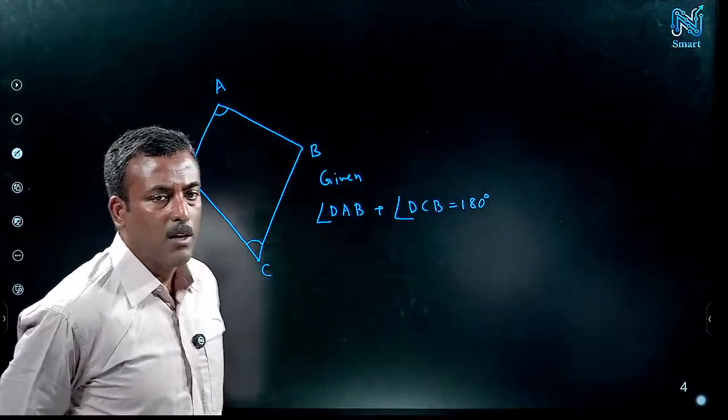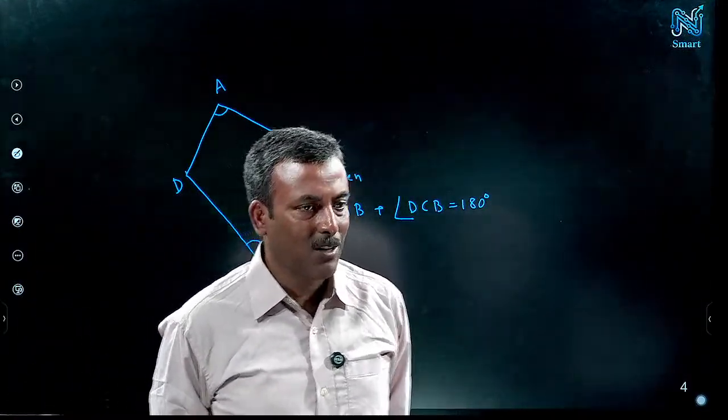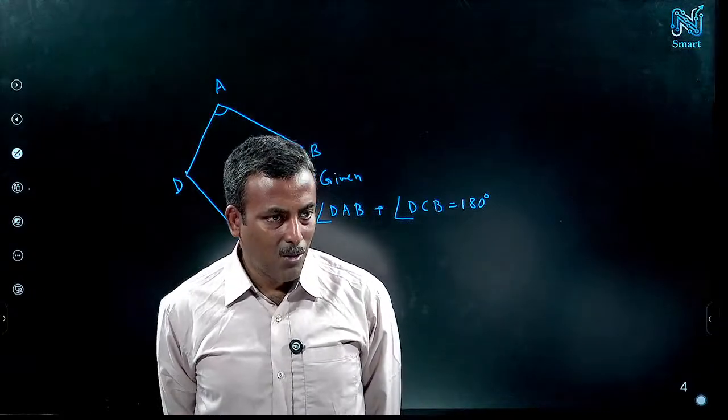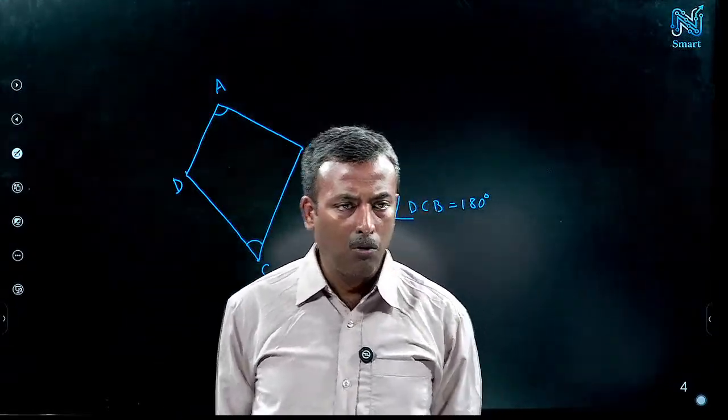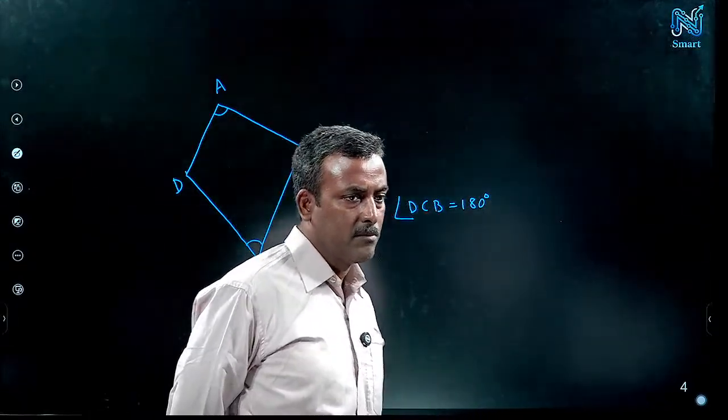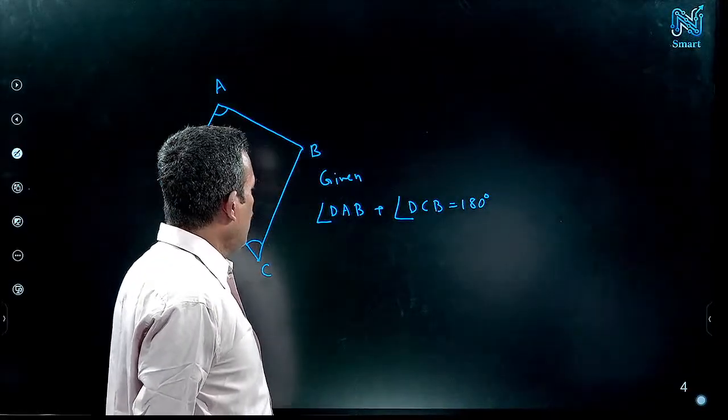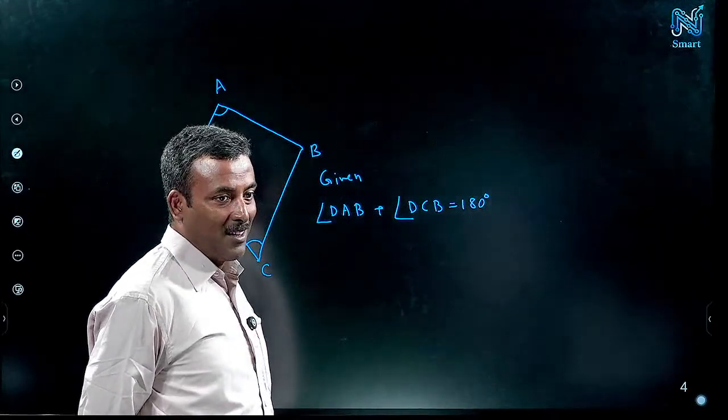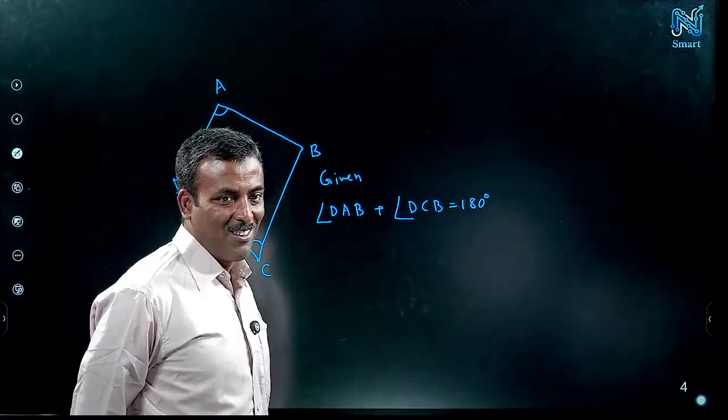Now we have to prove that ABCD is concyclic, or that the quadrilateral ABCD is a cyclic quadrilateral. How do you prove that? Now we can't take the center, because we don't know whether the points are on a circle or not.